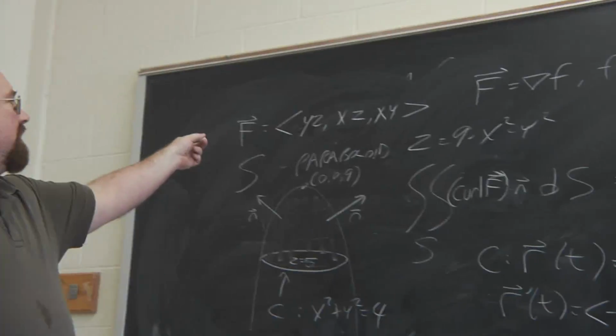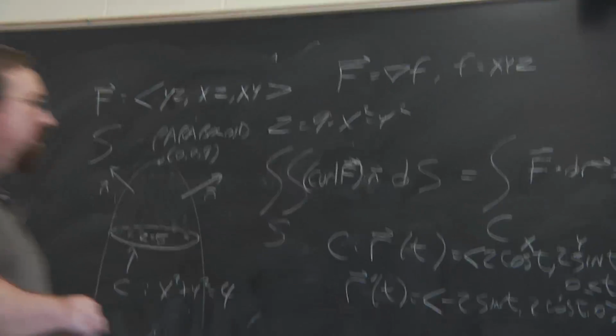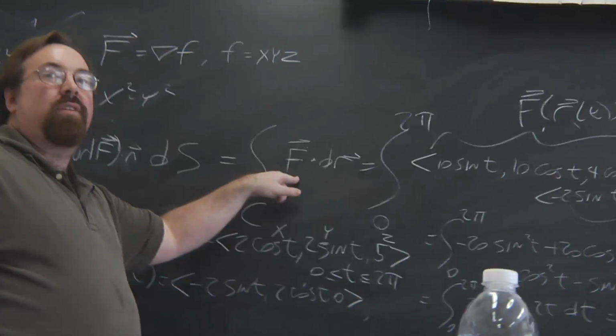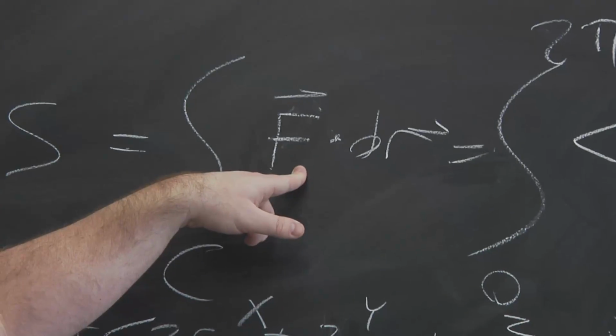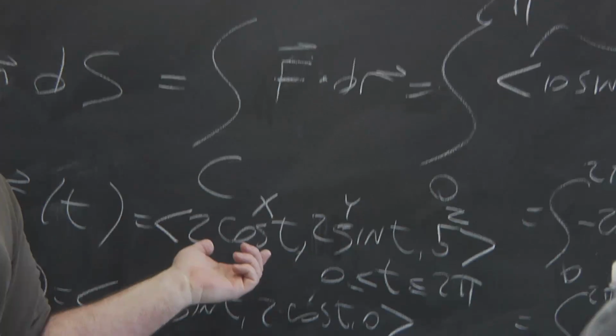All right. So if you see that this is actually a conservative vector field, well, what do we have here? This is the line integral of a conservative vector field over a closed curve. It's 0.